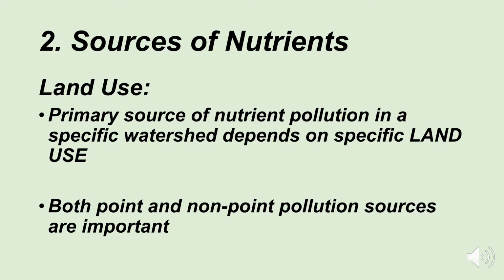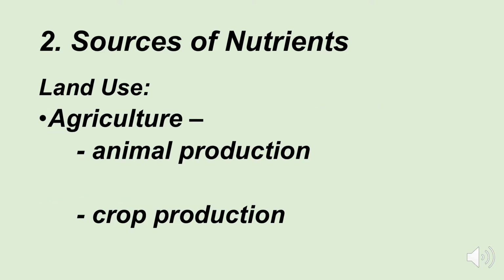Again, if we take a look at the sources of nutrients, we look at land use. In agriculture, definitely animal production is a major source of nutrient pollution, both nitrogen and phosphorus. We're producing more and more animals all the time, and that waste associated with the animals is significant. It's estimated that one cow in southern Idaho will produce 6 times as much waste as an average human being.